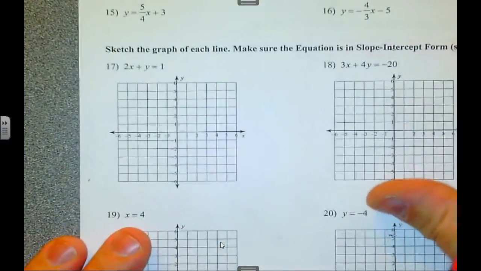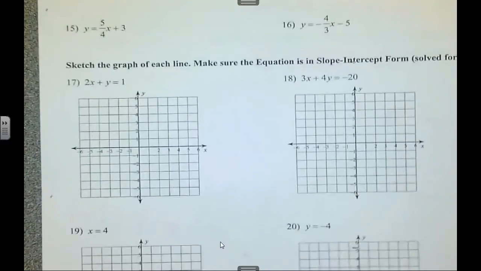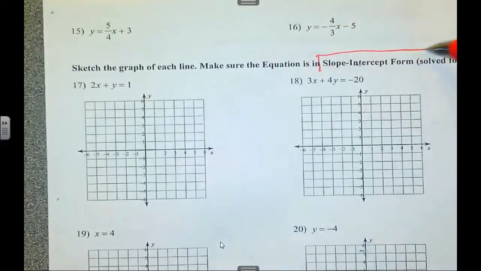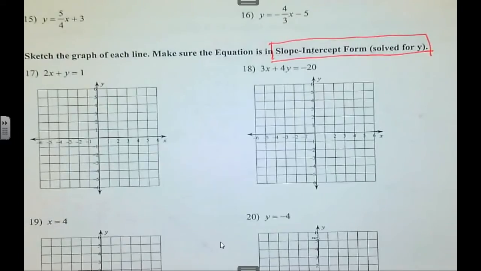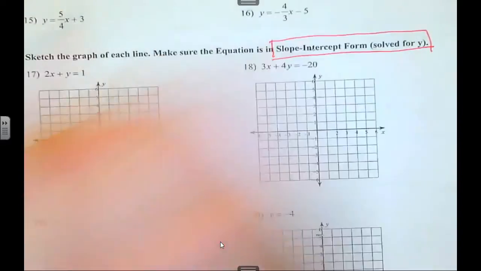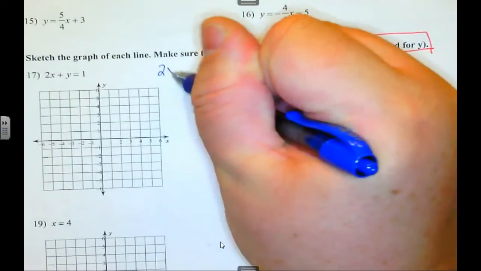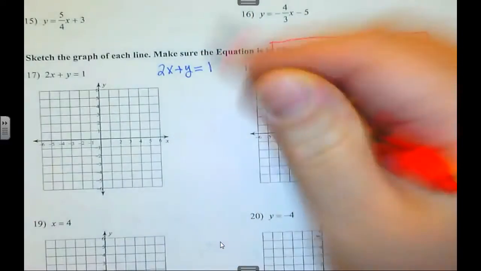All right, these get a little hard. We need to put these in slope-intercept form first. In other words, we have to solve for y. And that's why we did a whole bunch of work with equations. All right. In other words, we got to get y by itself. So if I have 2x plus y equals 1, I have to get this y by itself.